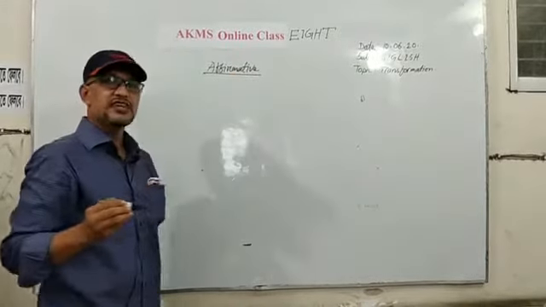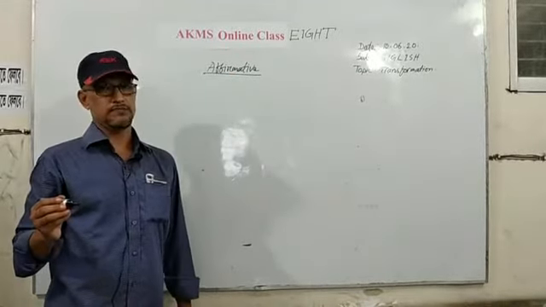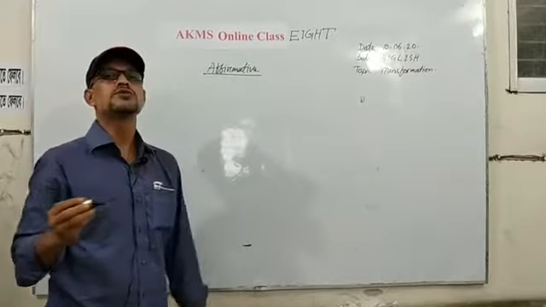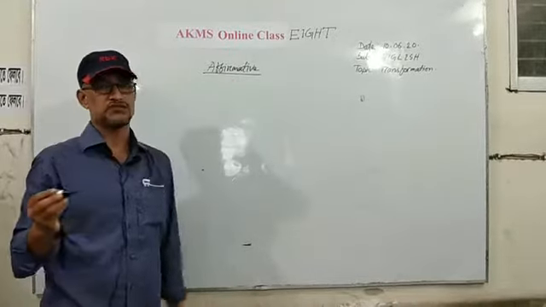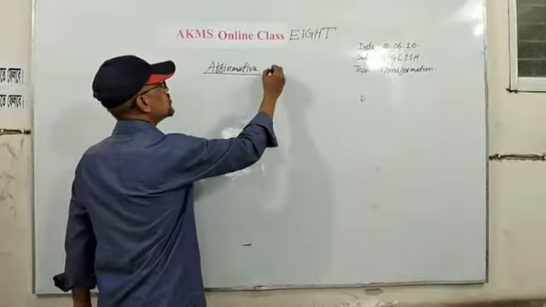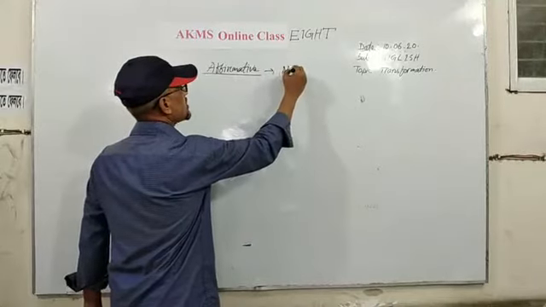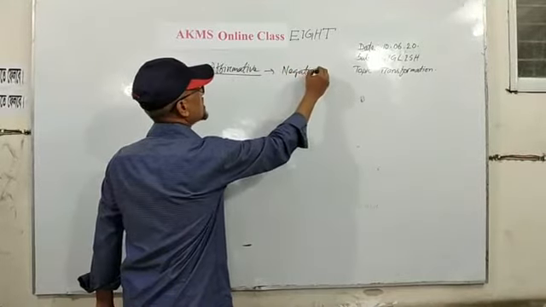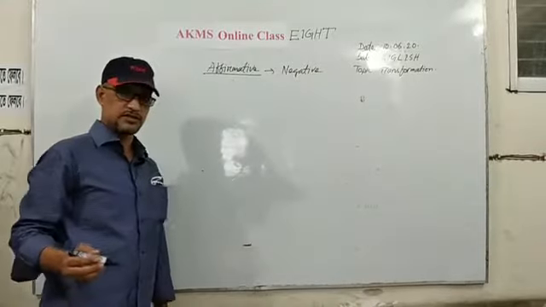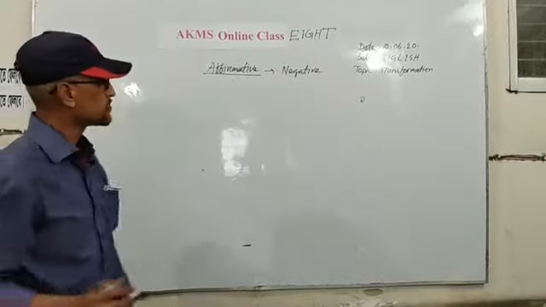You can narrate anything affirmatively. And if you want to make this affirmative sentence into a negative sentence, then you should use the negative form of that sentence without changing the meaning.